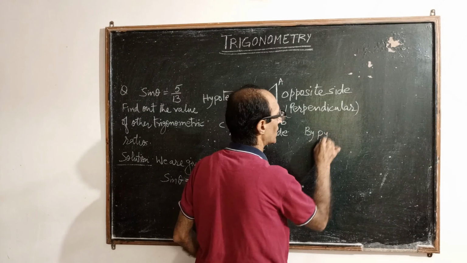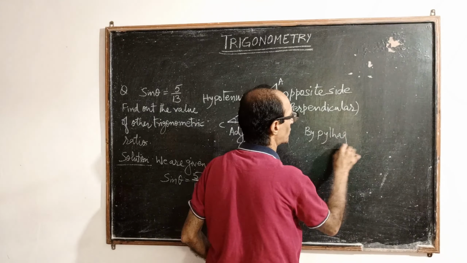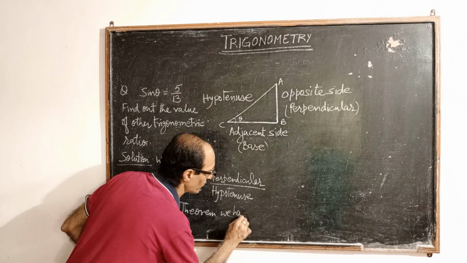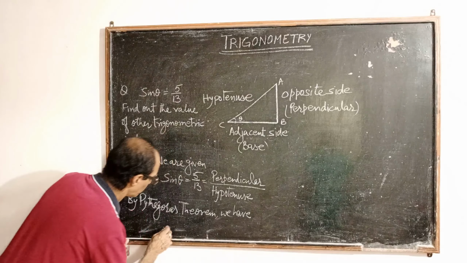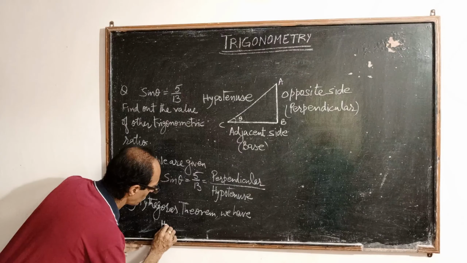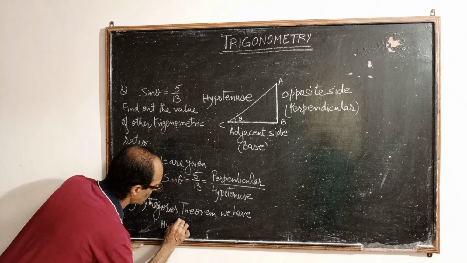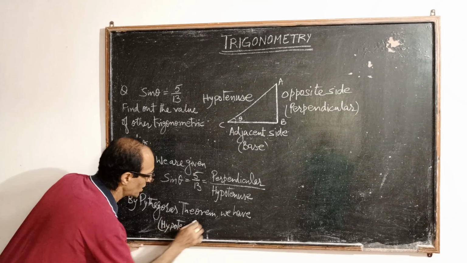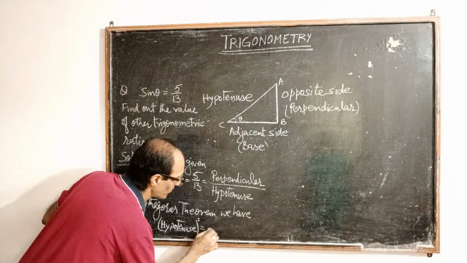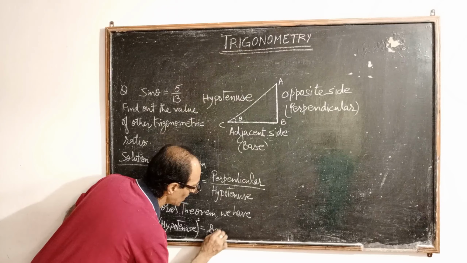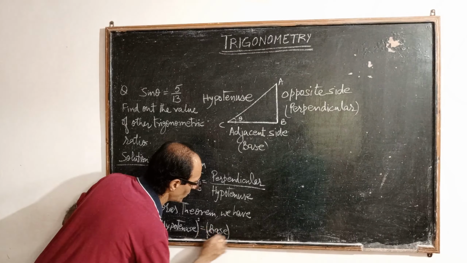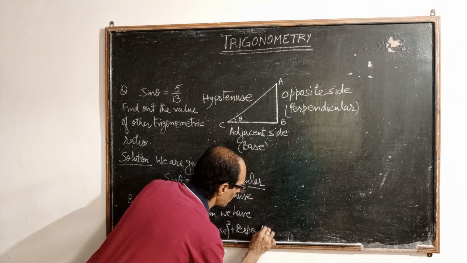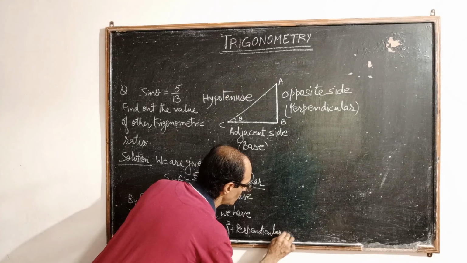By Pythagoras theorem, we have hypotenuse square equal to base square plus perpendicular square.